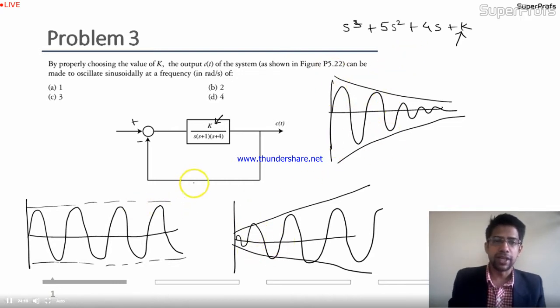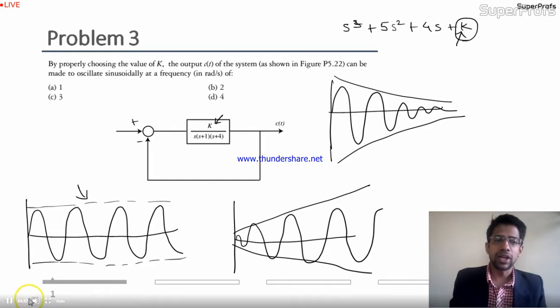So we need to find this kind of response for a certain value of K. And after that, we need to find the frequency at which this system is oscillating. That means the frequency of this signal.